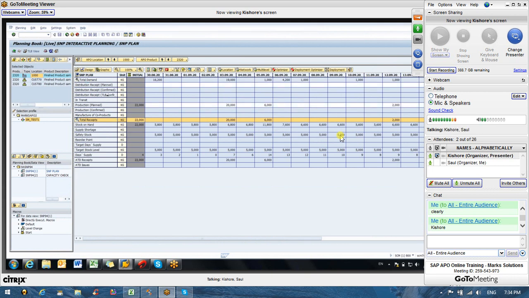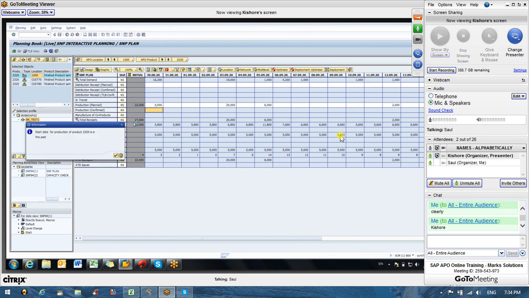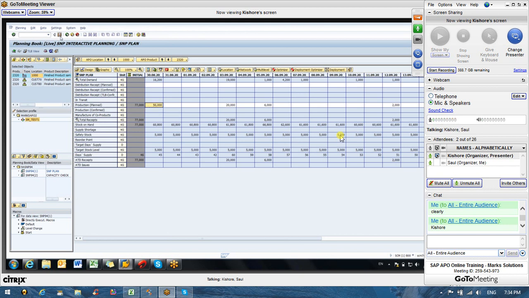Previously it was confirming only 22,000, because now here I will increase another 50,000. So we have increased to 3,000. I'm saving. Yeah. Now here we have 2077.